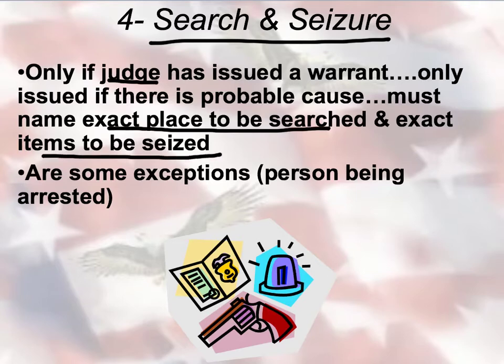All right? So a police officer may go to a judge, or the district attorney or whoever it might be, and say, hey, listen, I suspect drug activity is going on in this house, or there are illegal weapons, or whatever it might be. And they will have to tell them exactly where they're going to search and what items they're going to seize. Now, there are some exceptions. If you get pulled over and you are arrested, they are going to pat you down.